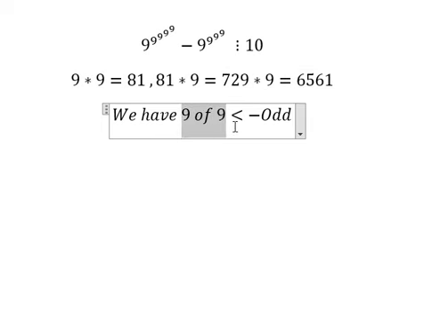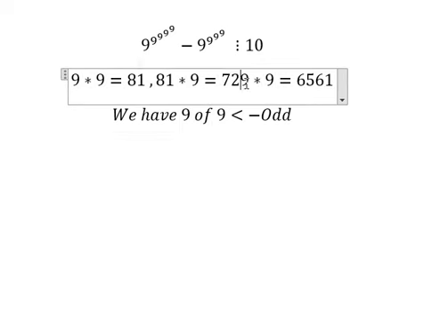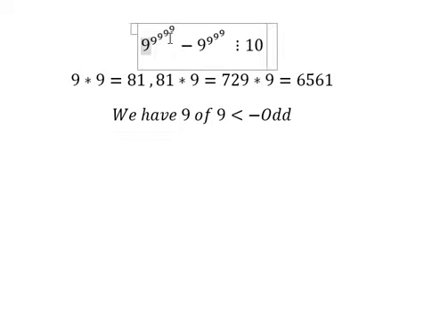So if we have nine 9s, that is an odd number, so the last digit is 9. This one, you get the last digit 9. This one is similar, you get the last digit 9.